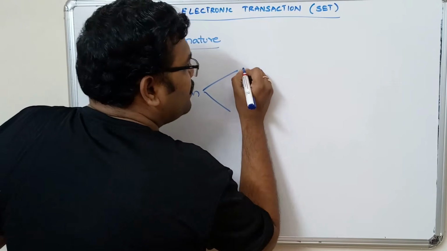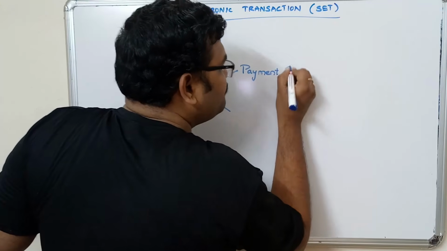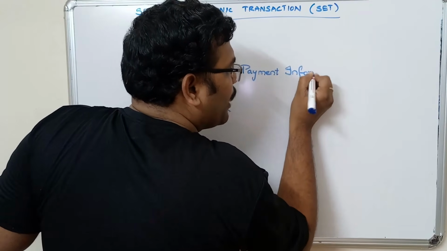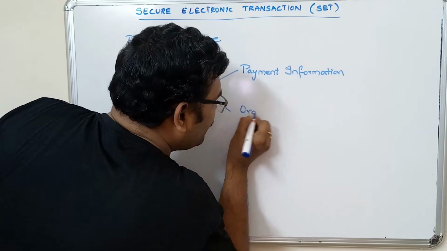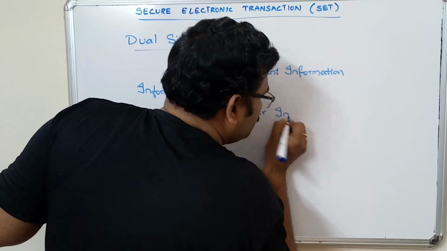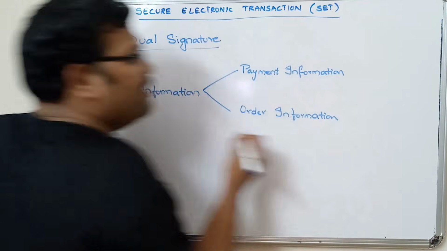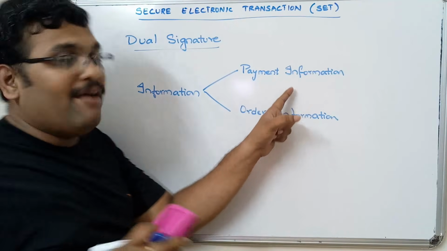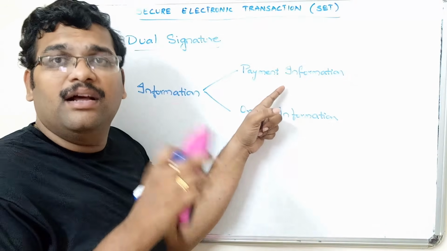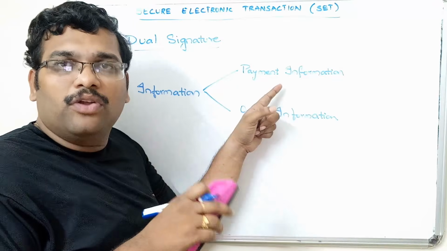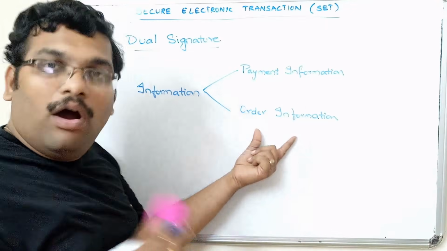One is payment information, the other is order information. As the name indicates, the payment information will have all our financial details: the card number, CVV number, expiry date, the name on the card, and everything.